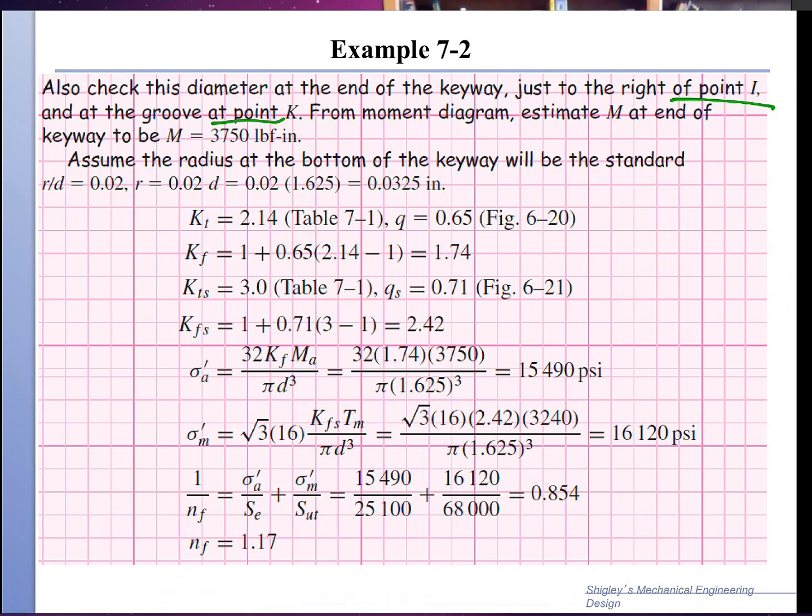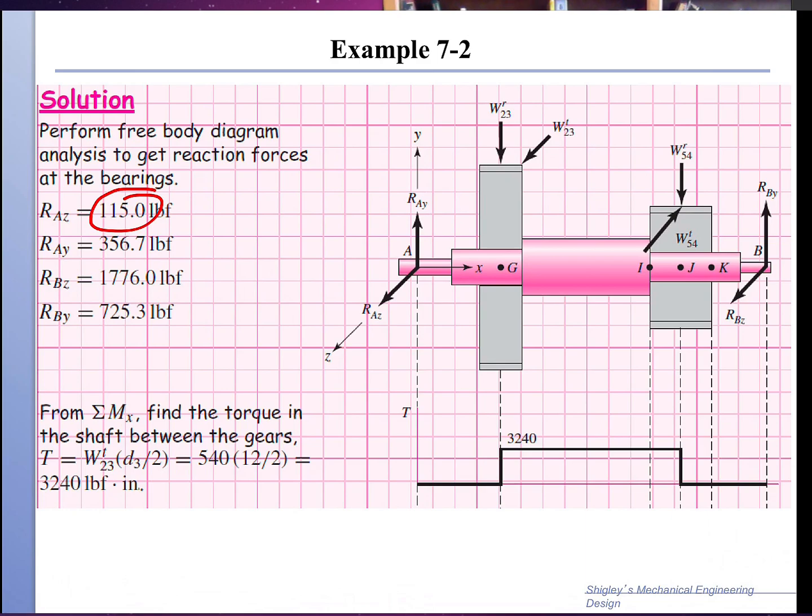So I will show you here we have now satisfied the design requirements at this critical point I, but we need to check at point J because it has a keyway, and the keyway has a stress concentration factor. Not only that, J is the last point that has a torque on it. It has torsion, so it could possibly have a problem different from point I.